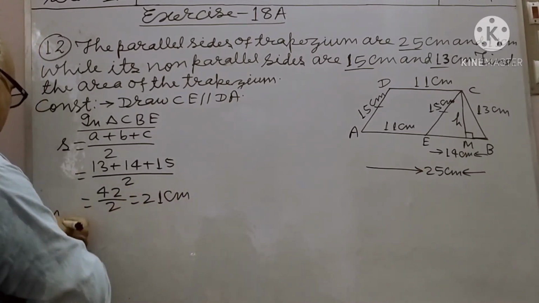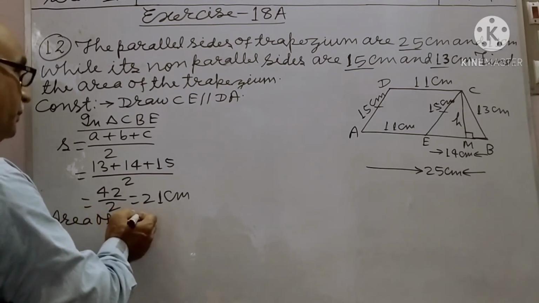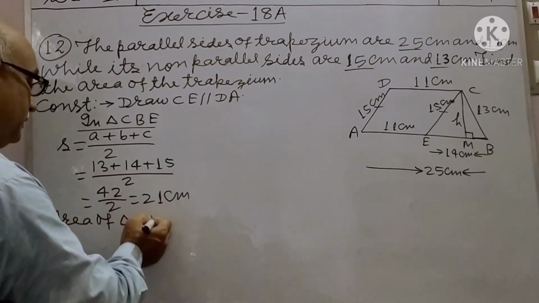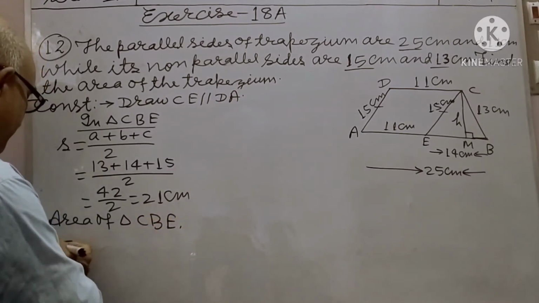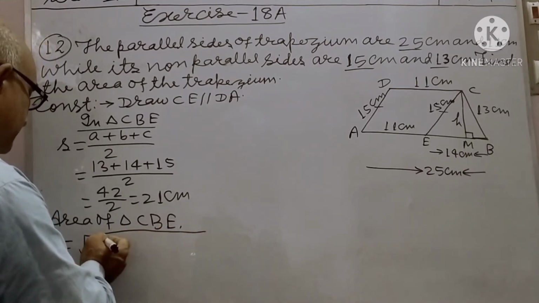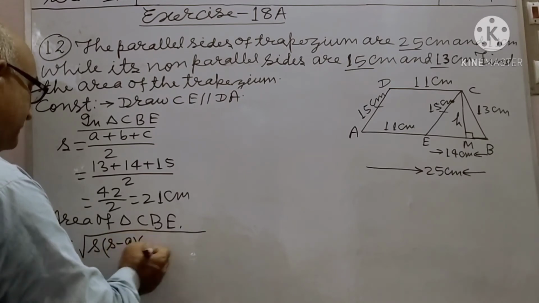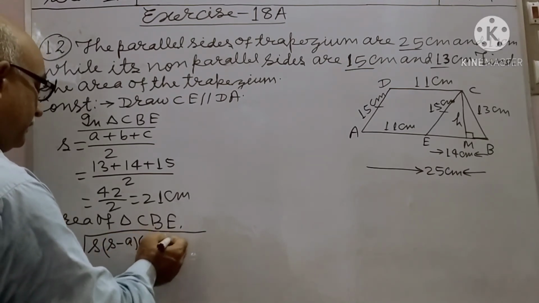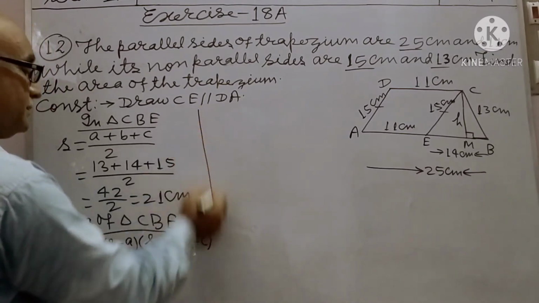So area of triangle CBE by Heron's formula, under root s into s minus a into s minus b into s minus c.